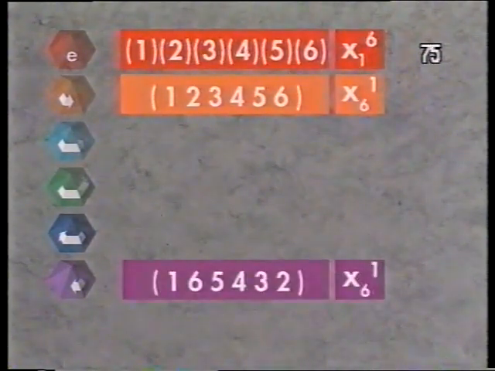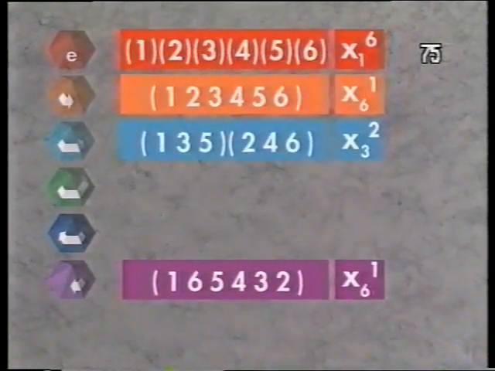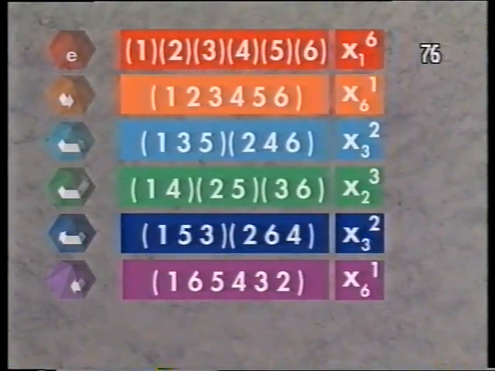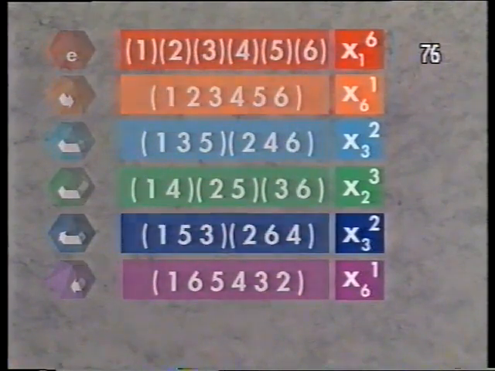And the clockwise rotation by one face is the same. The anti-clockwise rotation by 2 faces gives x3 squared, corresponding to 2 3 cycles. And the clockwise rotation by 2 faces is the same. Finally, the rotation by 3 faces gives x2 cubed, corresponding to 3 2 cycles.